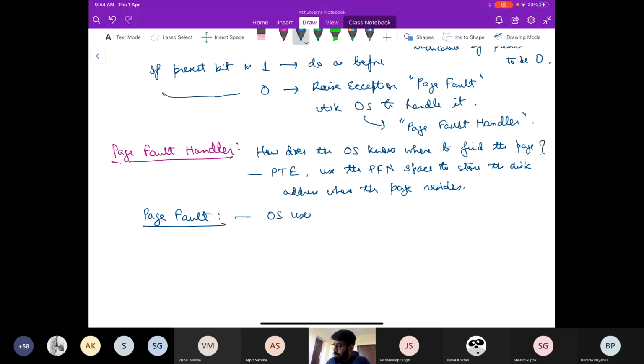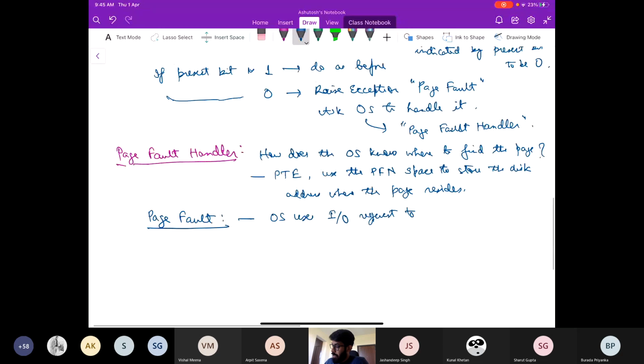So what happens on a page fault? The OS uses an IO request to fetch the page from the disk.